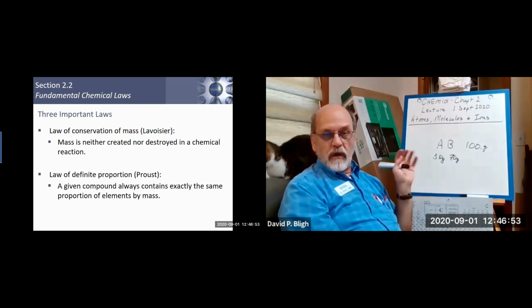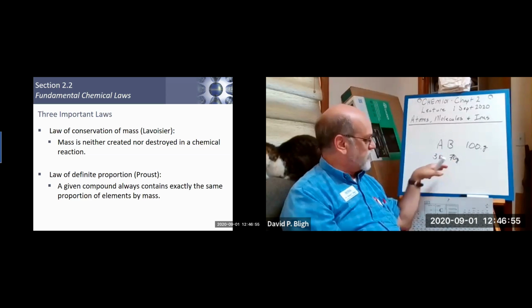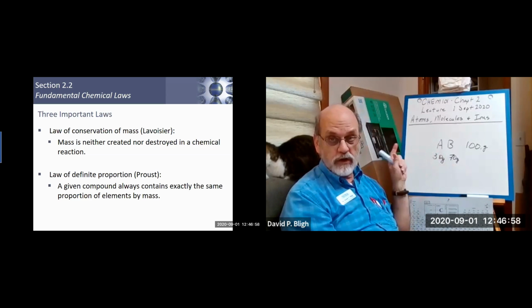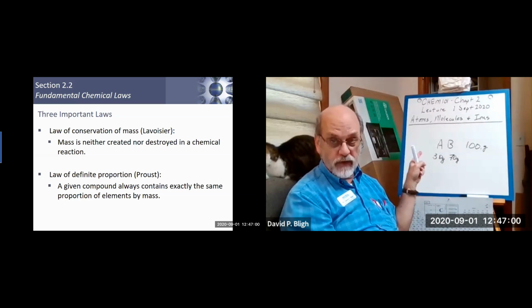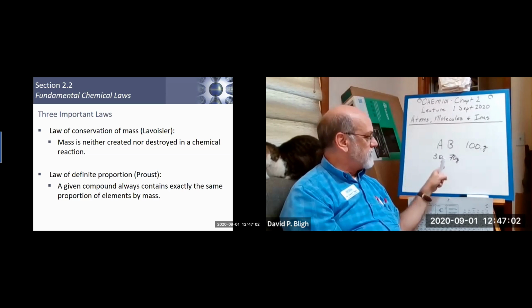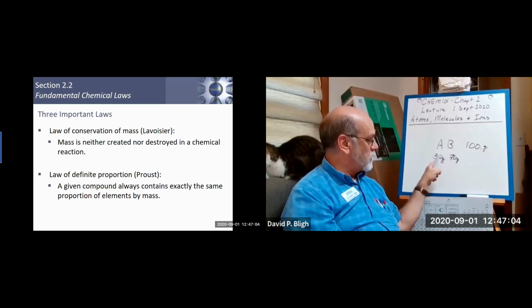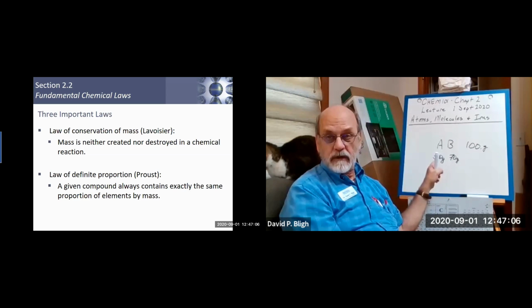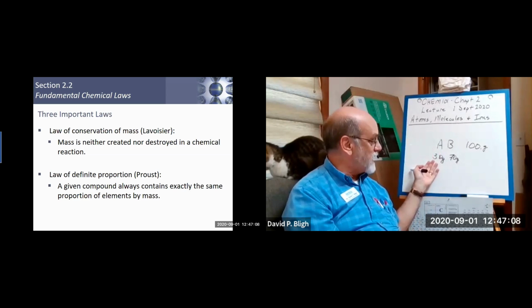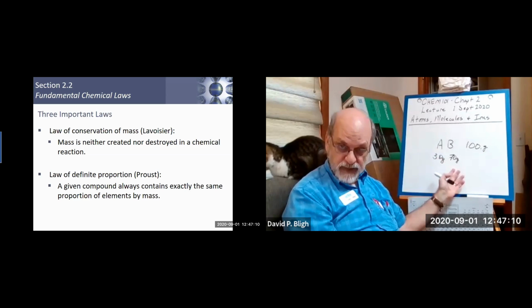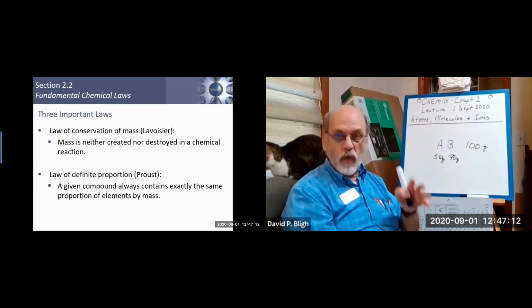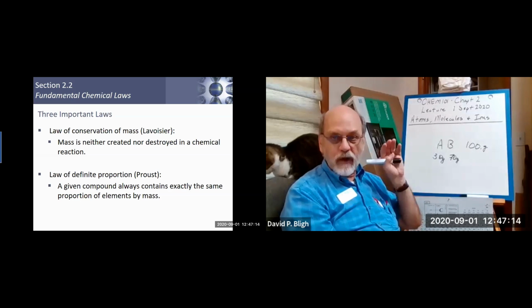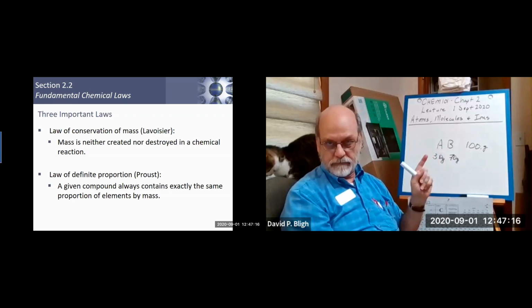Now, what Proust is saying is that this proportion for that compound, as long as you have that compound and no other, then that ratio, 30 grams to 70 grams, or 30% A and 70% B, will always be the same, no matter what the origin of the compound.